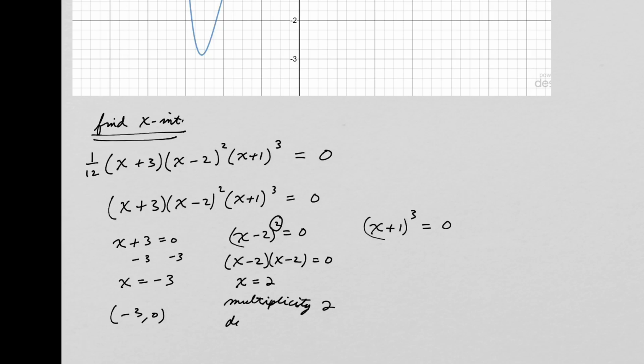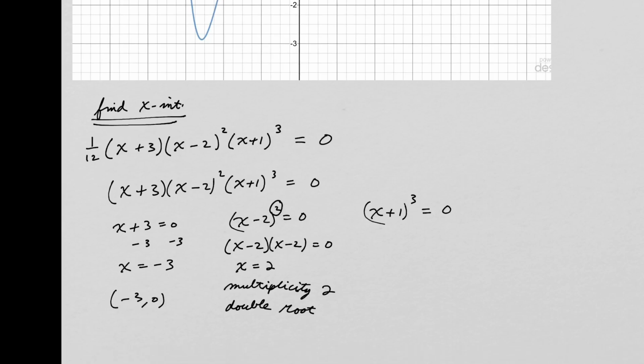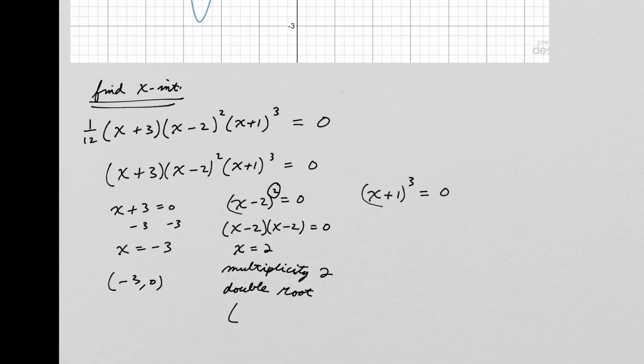Or some people will say it's a double root. Really it's the square that tells you that, right? Because that means x minus 2 times x minus 2 equals 0. So we're getting the same solution, x equals 2, but twice. Okay, and again, the actual x-intercept would be 2 comma 0.